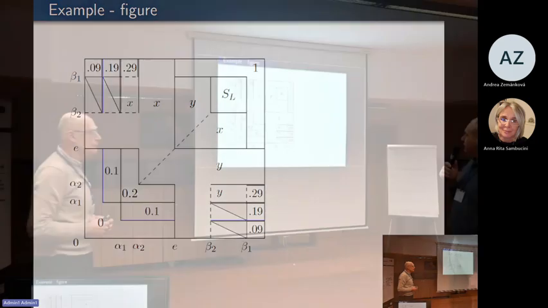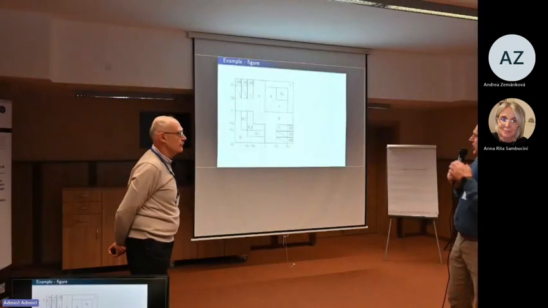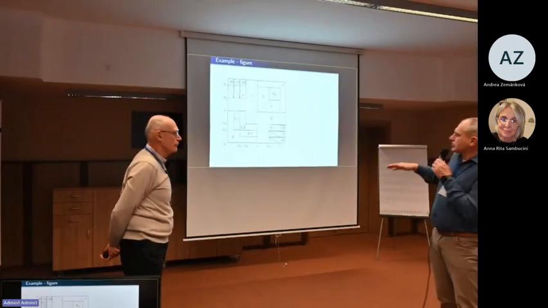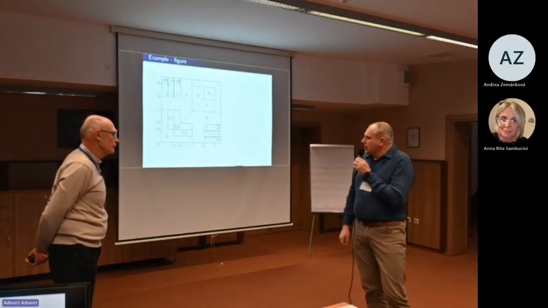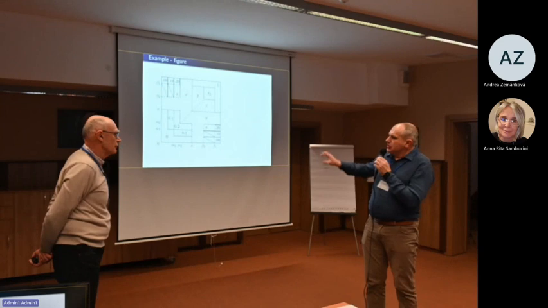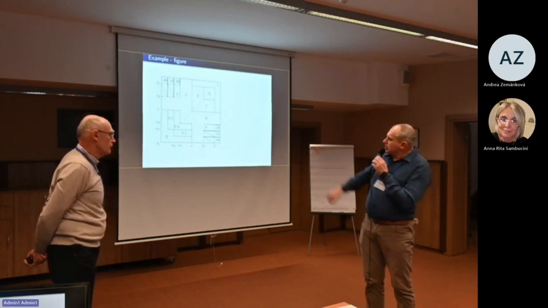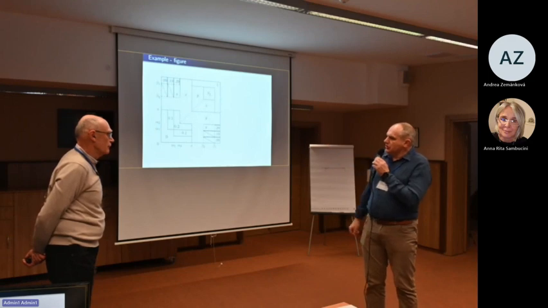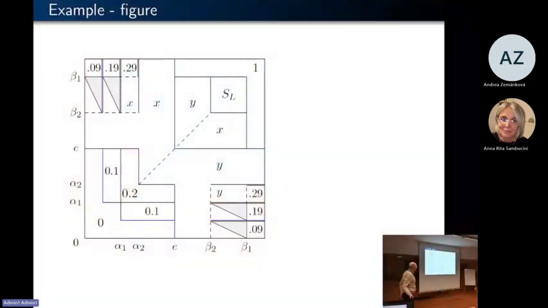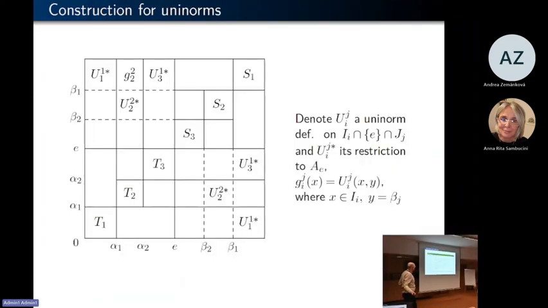I have one question connected with the construction. If you take the ordinal sum of these subnorms, in fact, you use an idempotent element of this subnorm, yes? But in fact, in this point, you can have no idempotent point, yes?